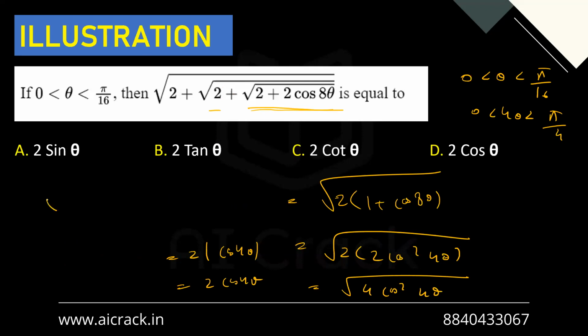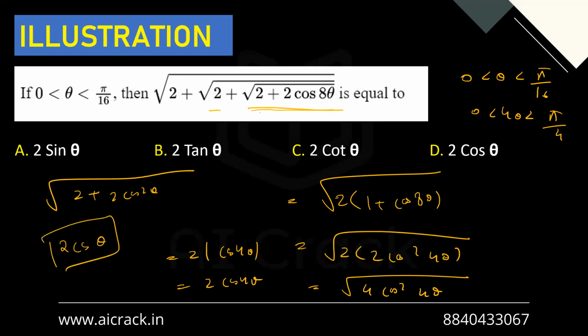So we can write this as under root 2 plus, this becomes 2 cos 2 theta, and this final term simply becomes 2 cos theta. So this one became 2 cos 4 theta. This entire thing became 2 cos 2 theta. And this entire thing became 2 cos theta. Simply. So eventually our answer is D.